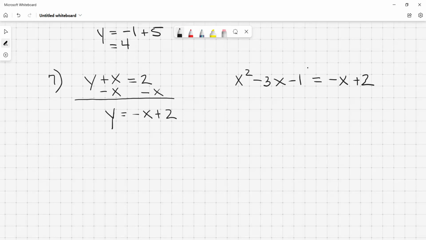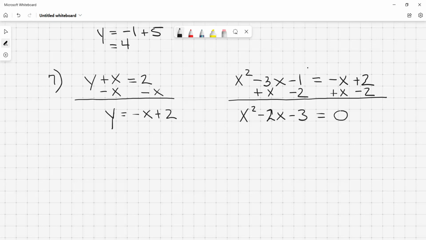All right, so just be careful on this problem, because now you're going to add x and subtract 2 from each side. So here you get x squared, minus 2x, and minus 3, and that's equal to 0. And you factor this side.